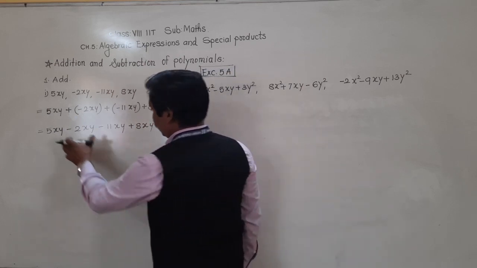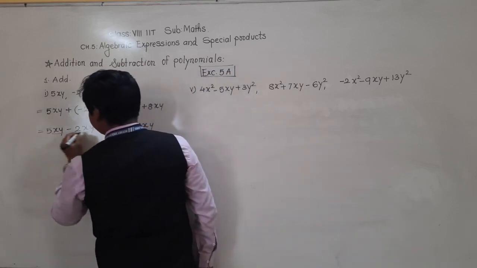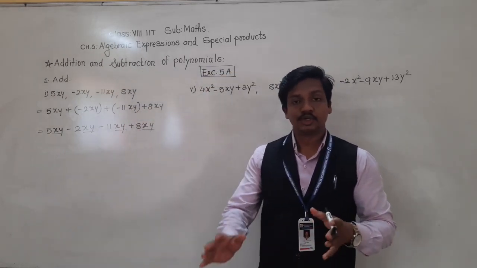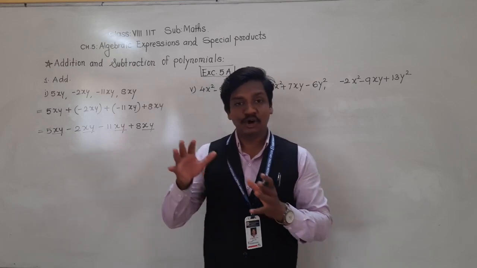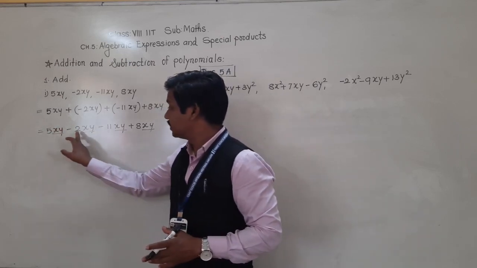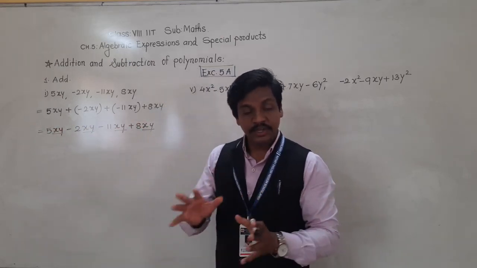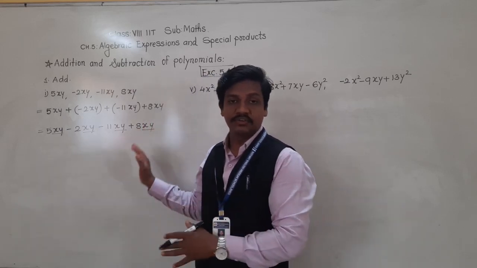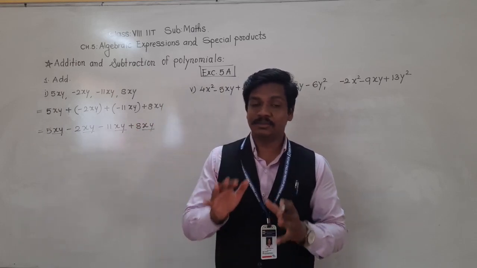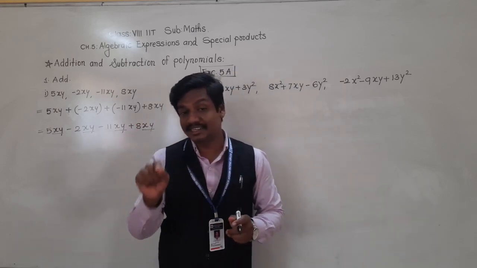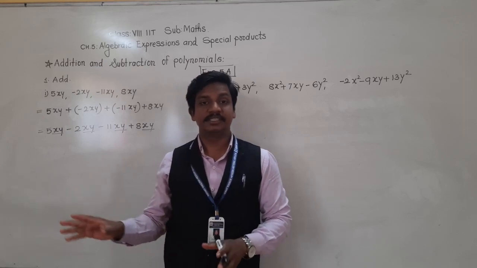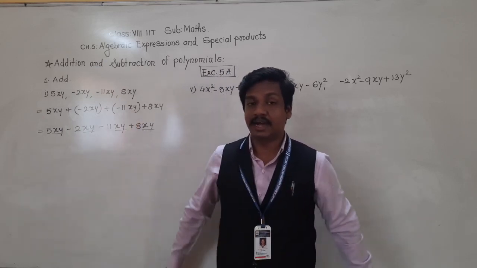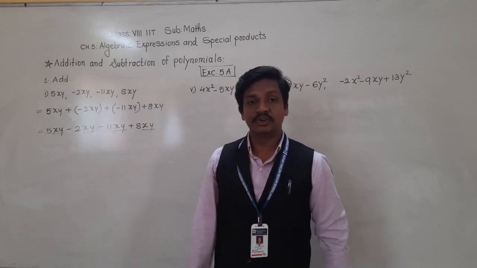Now since all these four terms have the same literal coefficient, xy, we can add or subtract their numerical coefficients. We have to add or subtract only the numerical coefficients, not the literal coefficient. And we can do this only when their literal coefficients are the same, that is, when they are like terms.